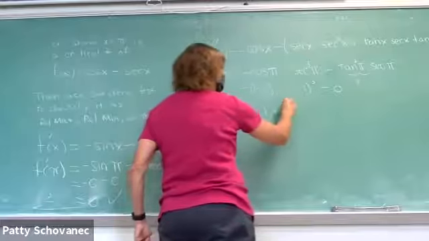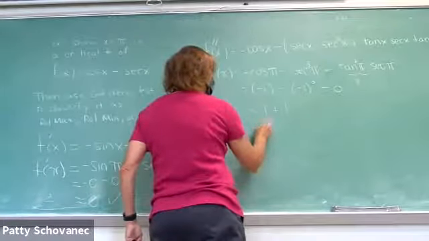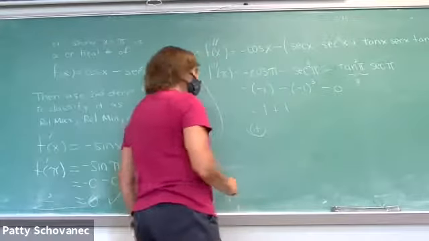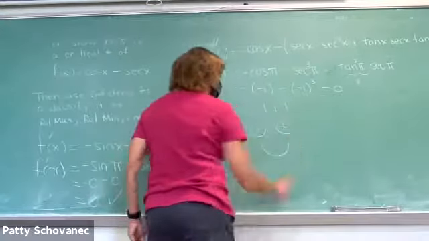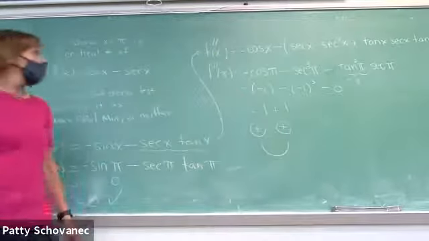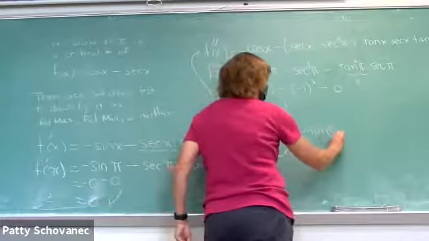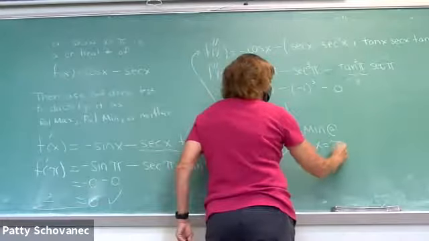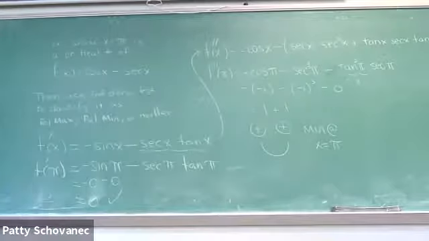That'll make it a +1. So I get a positive number. All right, what happens if the second derivative is positive? We have a minimum, right? Minimum at x is equal to pi. Do stuff like that? Good. Okay, so that's 4.3.